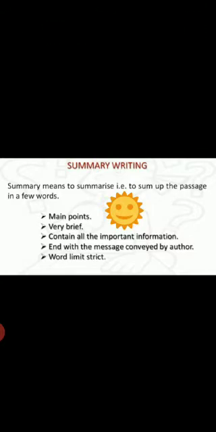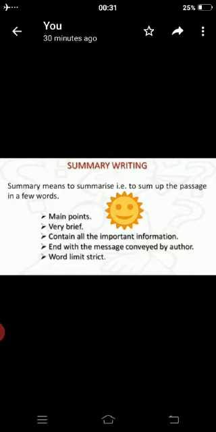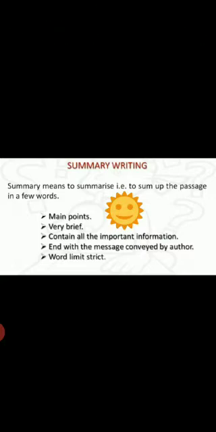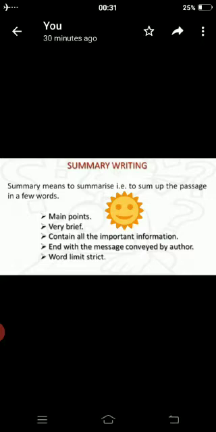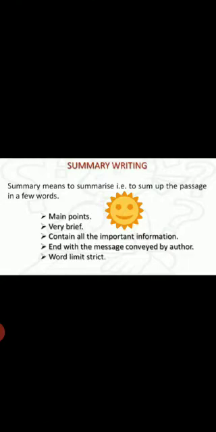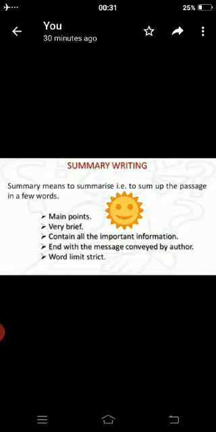Means we have to make the summary of the important main headings and subheadings only. And students, we don't have to divide the summary into different paragraphs, and we don't have to use abbreviations while writing the summary. We have to write complete grammatically correct sentences in the summary, students.